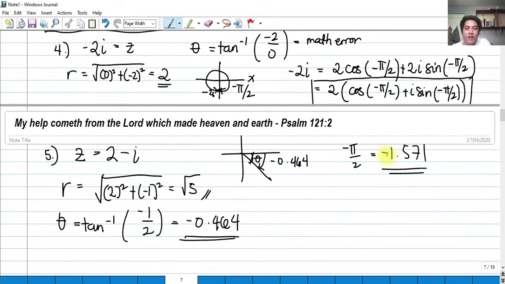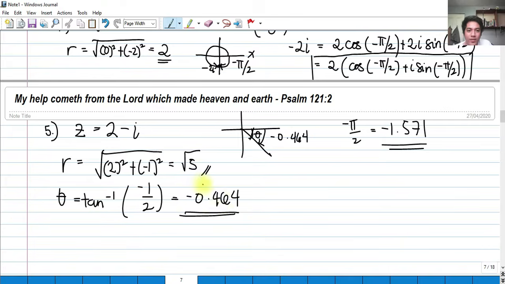I mean, if we neglect the negative sign, it should be correct because it is less than this, because this angle is located at quadrant 4, which makes our answer correct. So I hope you are able to get that.